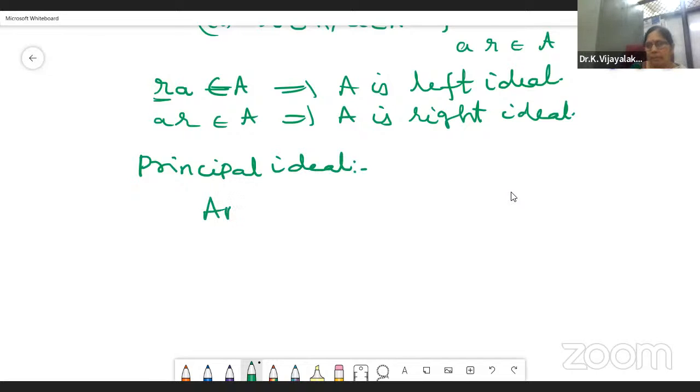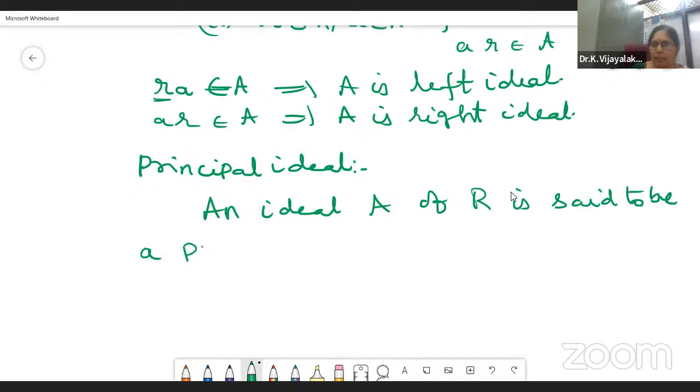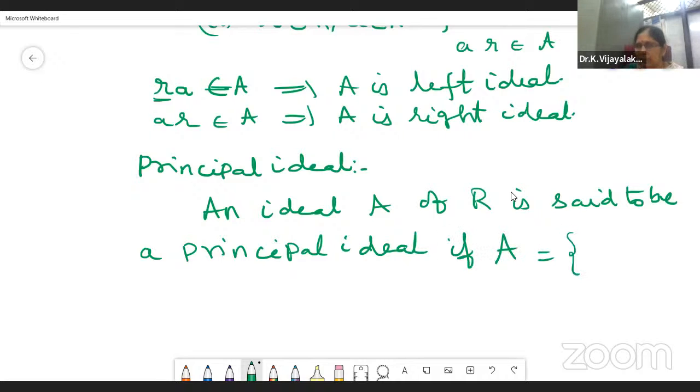An ideal A of R is said to be a principal ideal if A contains the set of all elements of the form ra, such that r belongs to R. That is, it contains multiples of elements.